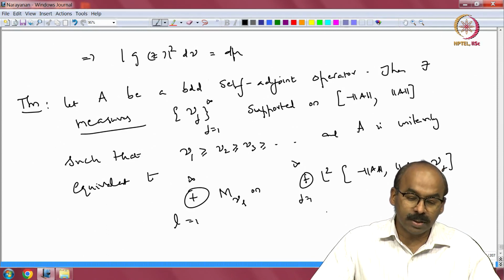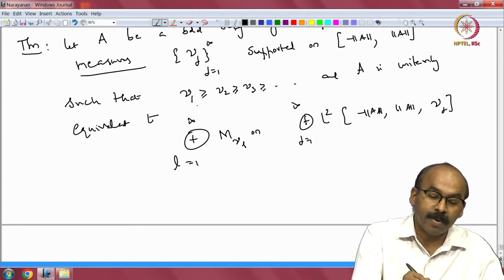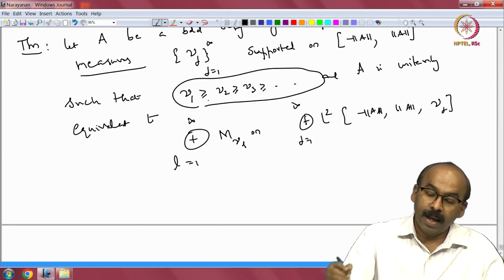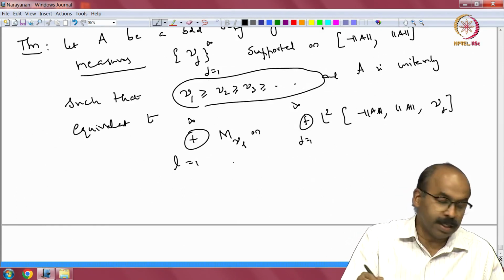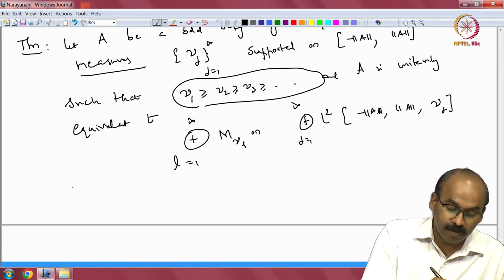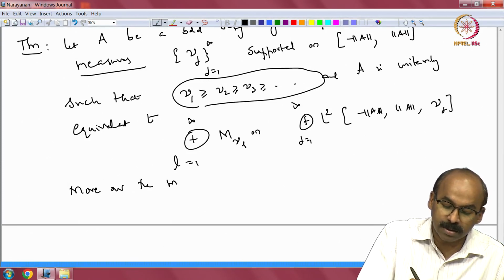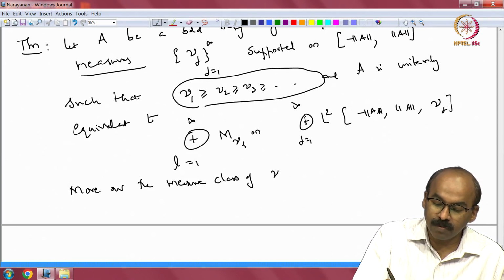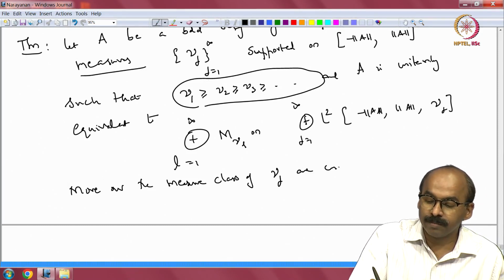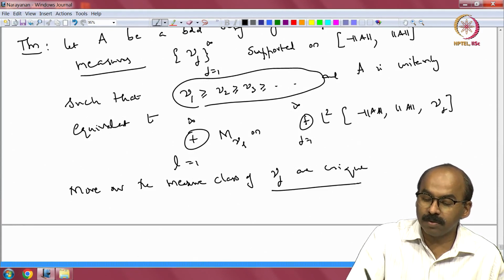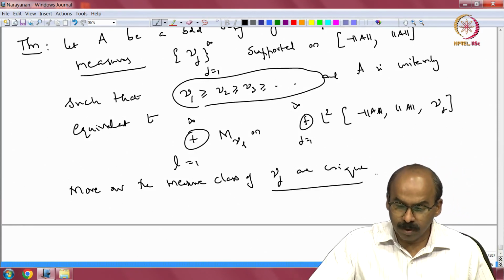So, if I choose the measures appropriately, then I have this equivalence. Moreover, the measure classes of nu j are unique. Okay. So, that is what we have seen earlier. So, that is the theorem.